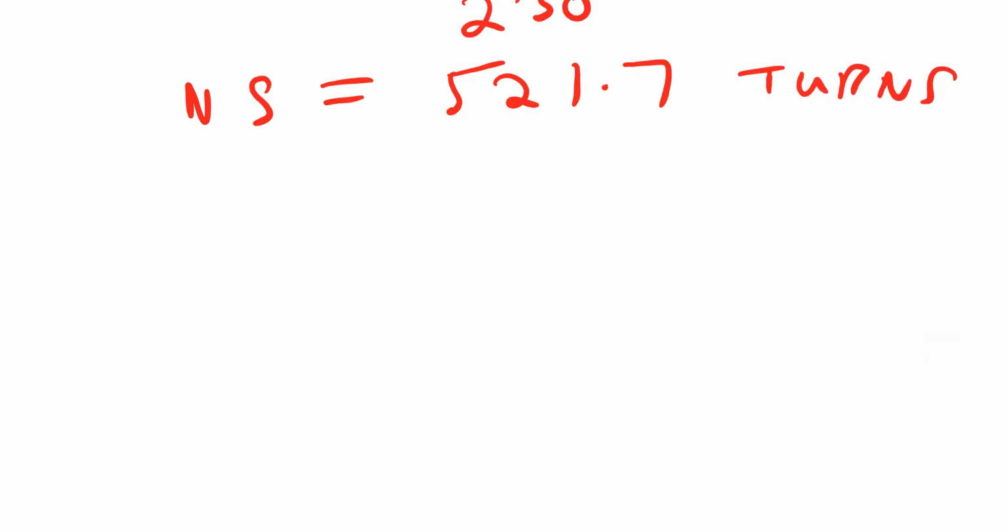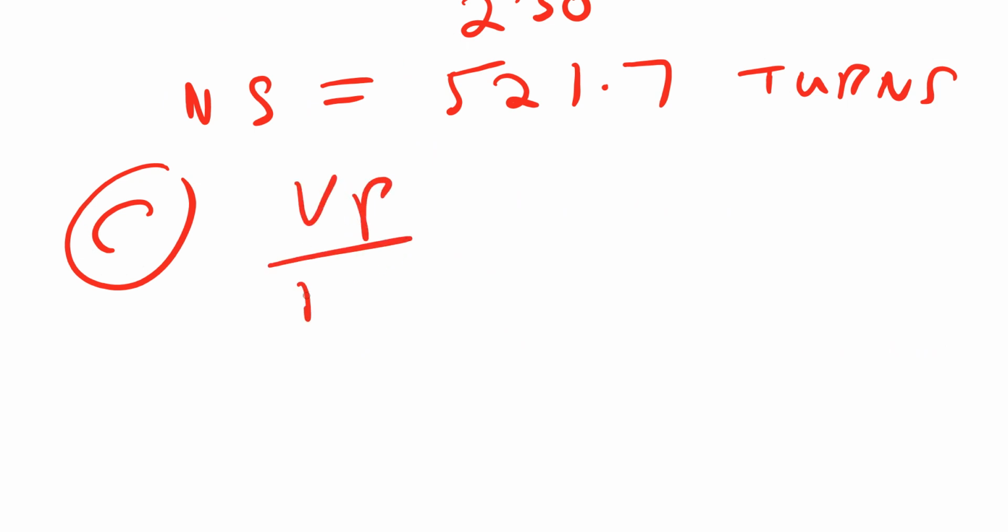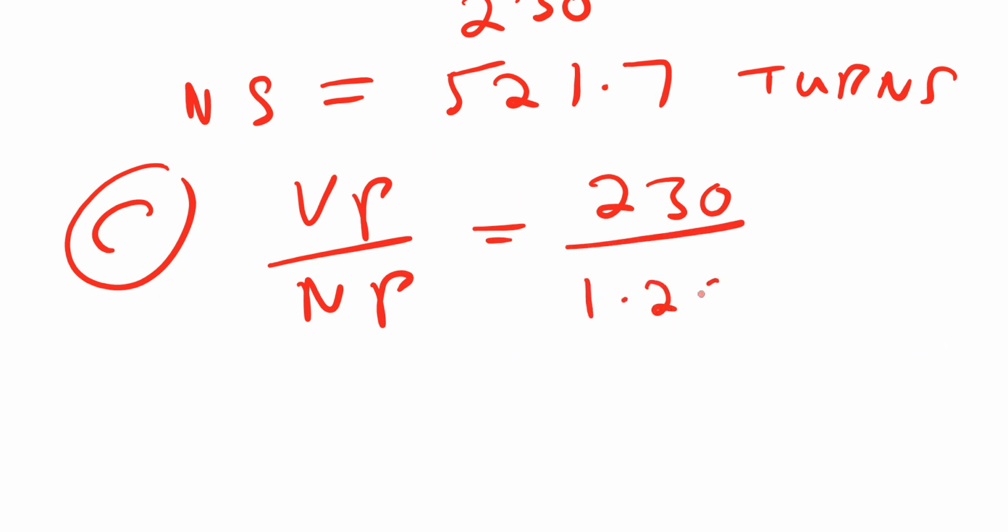Now to find volts per turn on the primary, for part C this is, volts per turn on the primary, then volts per turn on the secondary. All we'll do is we'll take the volts on the primary and divide by the number of turns on the primary. So Vp was 230, Np was 1200. So our answer for the volts per turn on the primary is 0.19 volts.